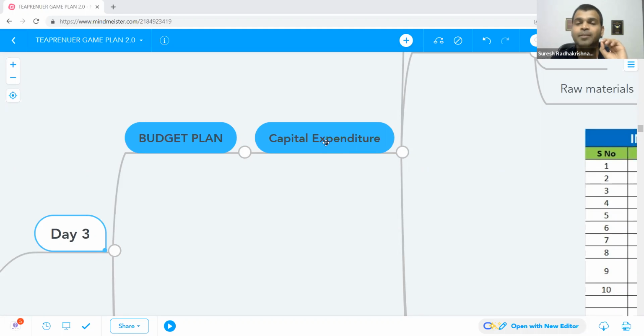If you're not financially prepared, what will happen? Tell me. If you don't have money to pay rentals in the second month, if you don't have money to pay salaries in the second month, what will automatically happen? Can you type it in the comments, please? I know a lot of you would have gone through this situation.